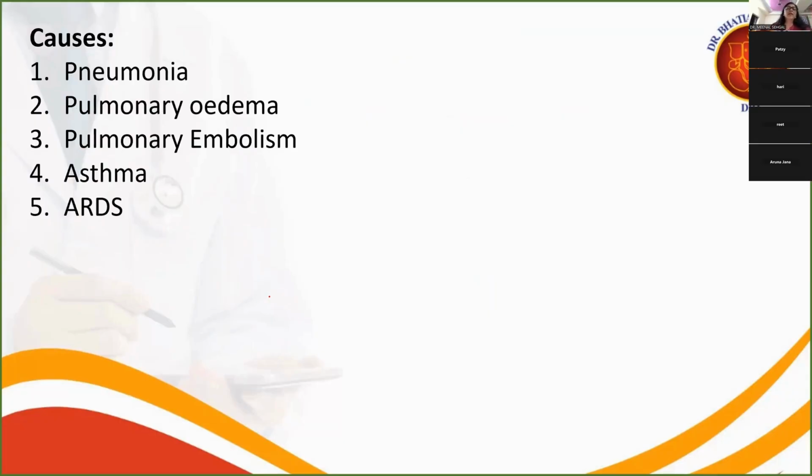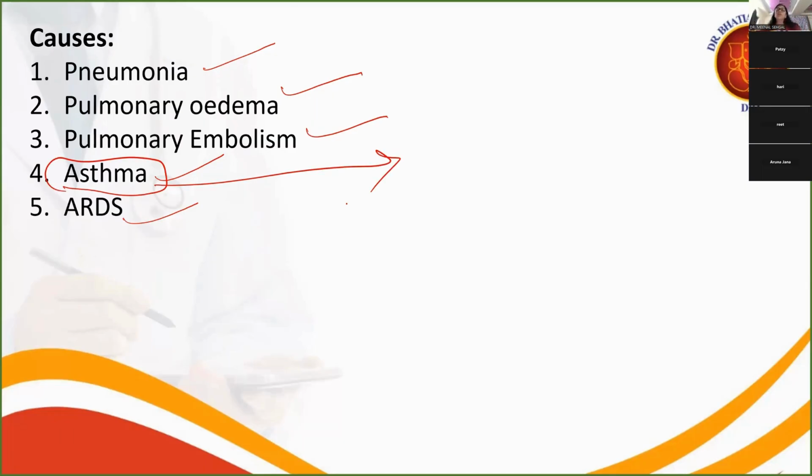And when do you find it? It happens in conditions of pneumonia, pulmonary edema, pulmonary embolism, asthma and ARDS. So remember this, asthma is one condition, don't get confused. Asthma causes type 1 respiratory failure. ARDS, pulmonary embolism, edema, we already read while we were discussing the lecture, that all these conditions cause an increased AA gradient.